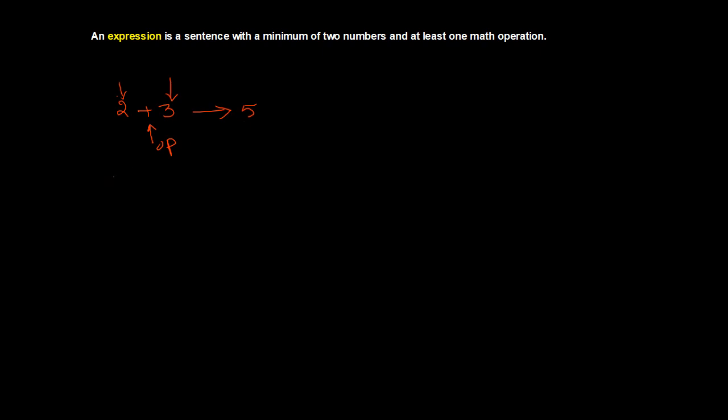Similarly, any numbers you have taken, 15 minus 7, is going to give you 8. So this is a subtraction operation. Same thing with multiplication and division. So according to the definition, there are two numbers and there is a mathematical operation.